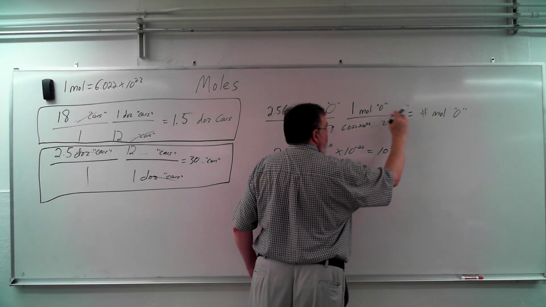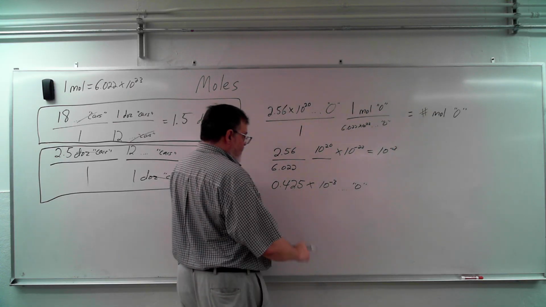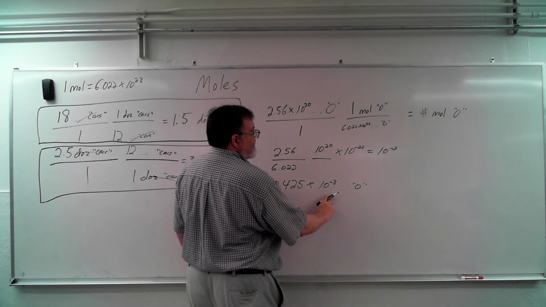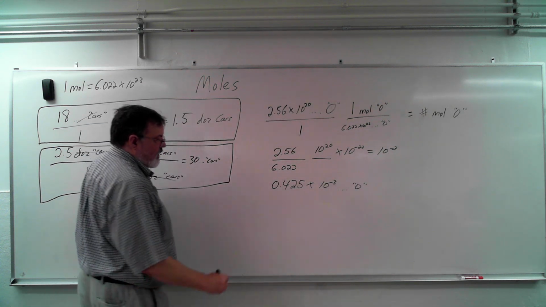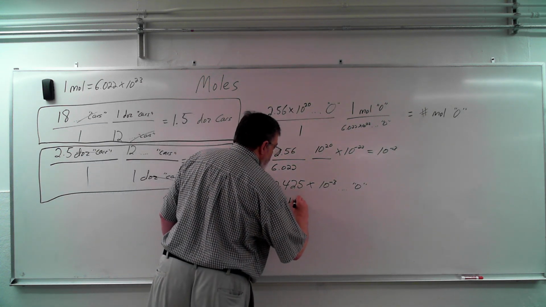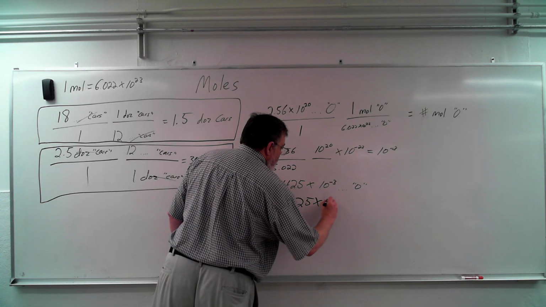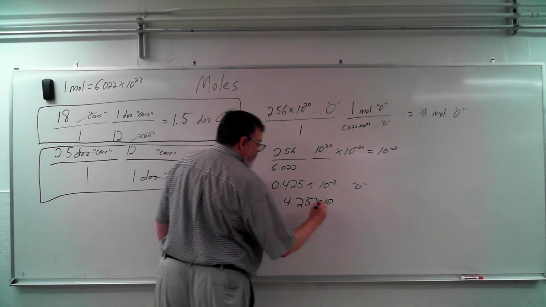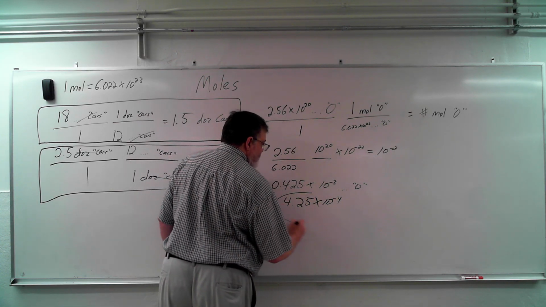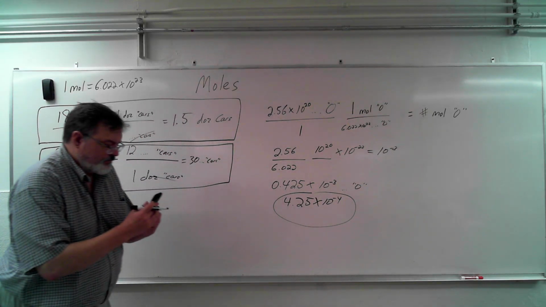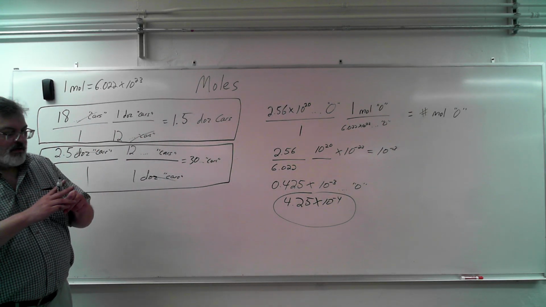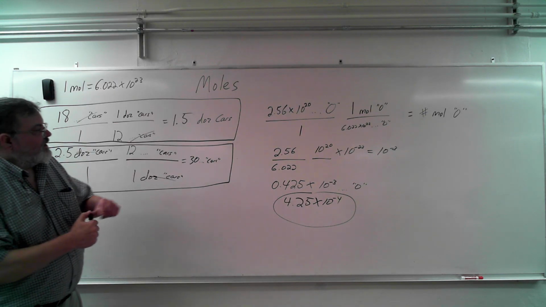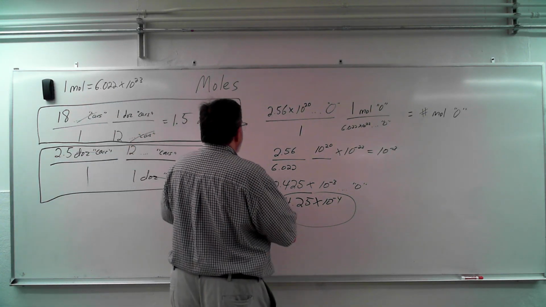You're left with moles of oxygen, which is what I have here. And 0.425 times 10 to the negative 3 is what would be here. Scientific notation would be 4.25 times 10 to the negative 4. That's the scientific notation. But if you're not asked for standard scientific notation, you don't need it. So this one is the analog to this one.